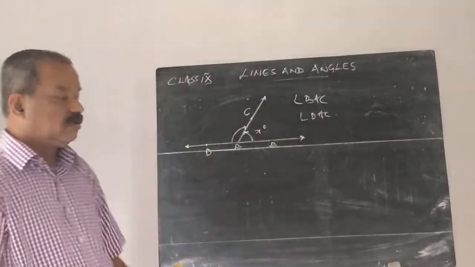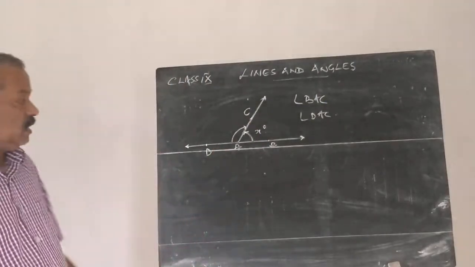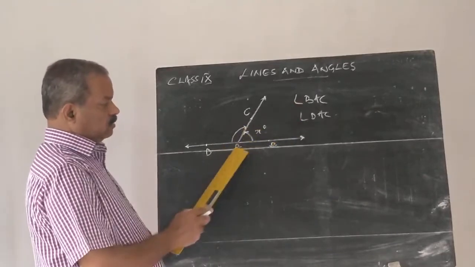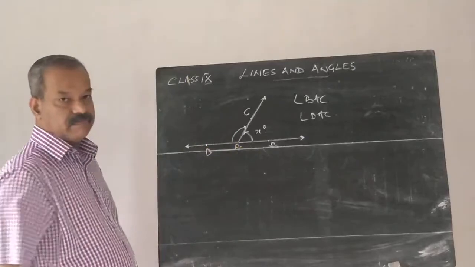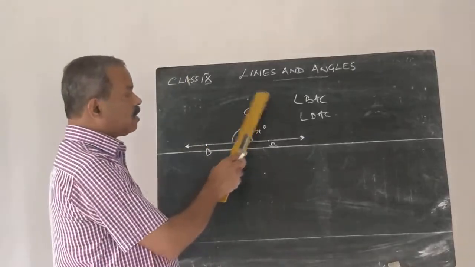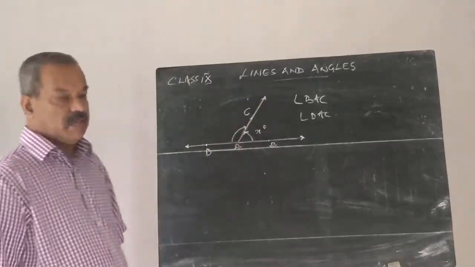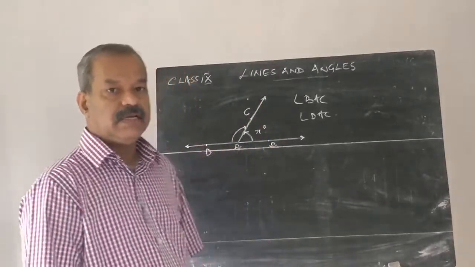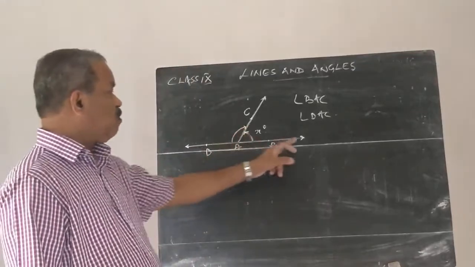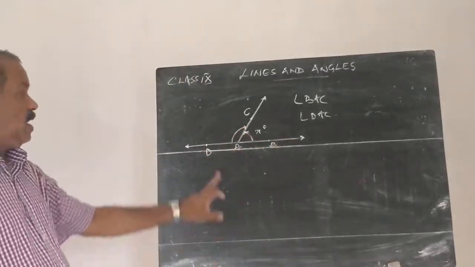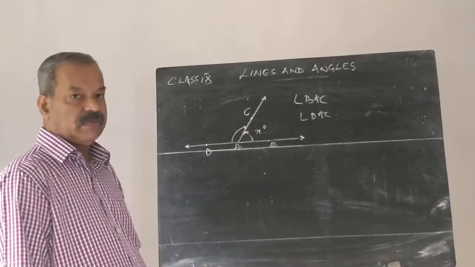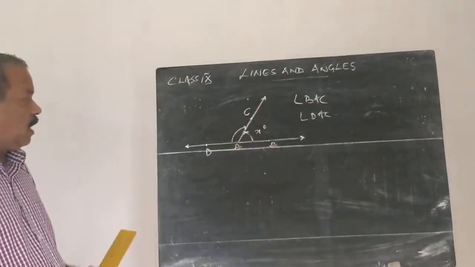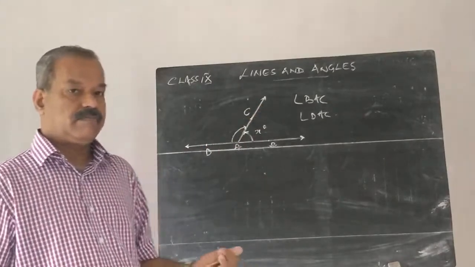What is the peculiarity of these angles? They have a common vertex, the vertex A of both the angles, and they have a common arm AC. Actually, these two angles are formed on the line DB with a common vertex and a common arm.